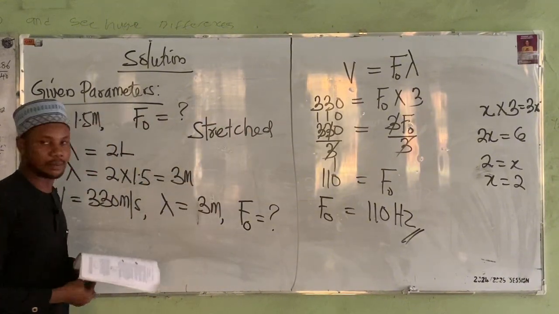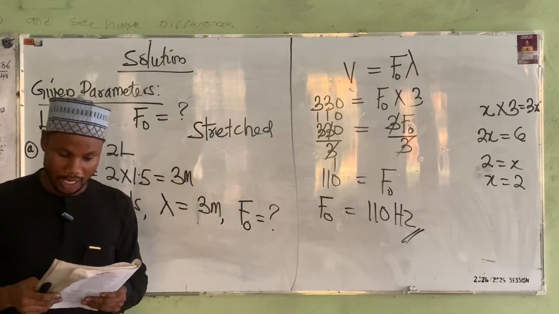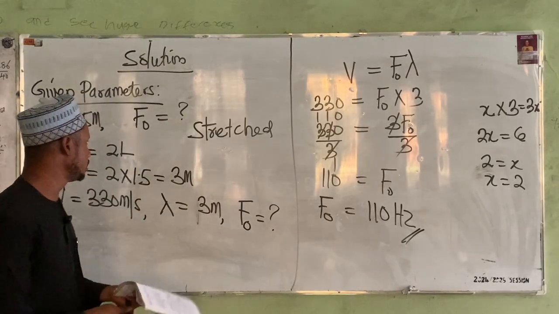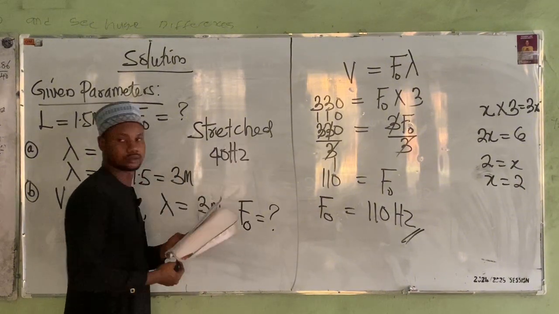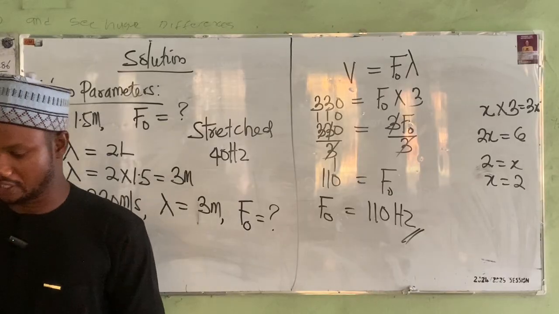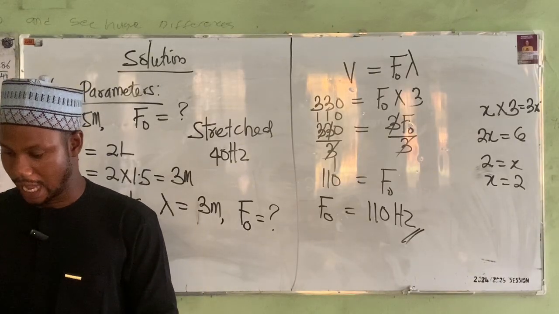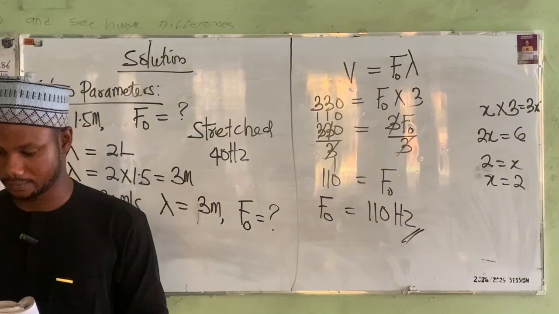The lowest note emitted by a stretched string has a frequency of 40 Hz. Full stop there.